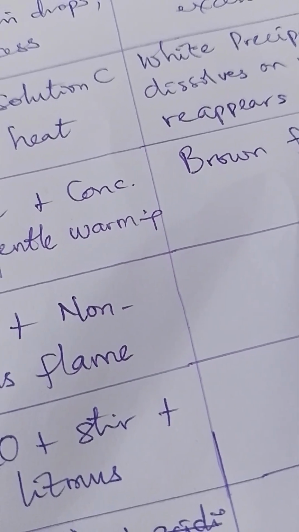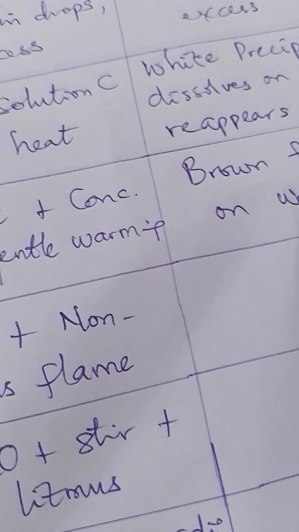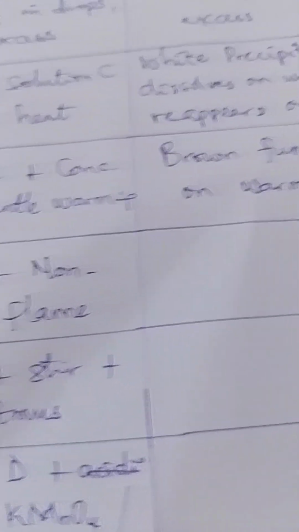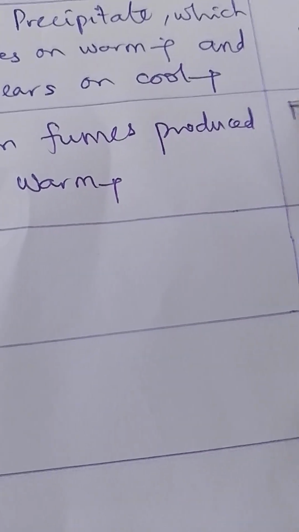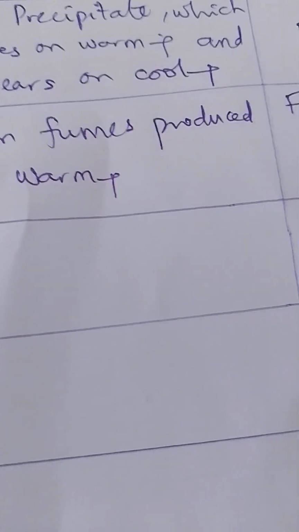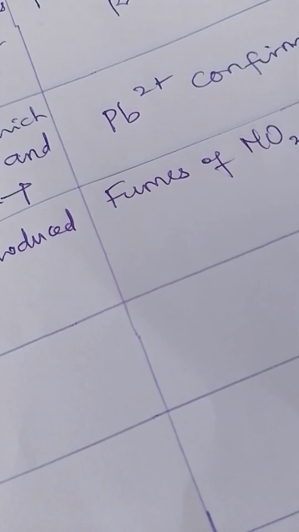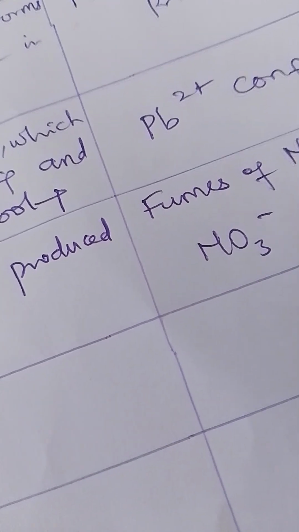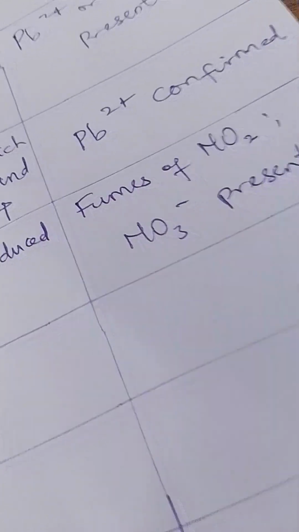So you record that brown films produced on warming. Films of what? You record films of NO2, which confirms NO3 ion present. So you say films of NO2, NO3 ions present.